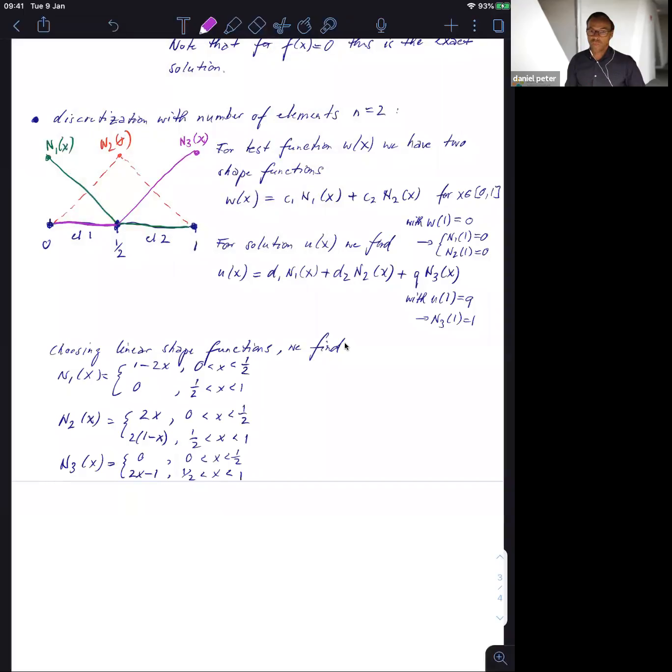They're all piecewise linear. So these are piecewise linear functions. And if you want, they can be called shifted and scaled tent functions, like a tent.